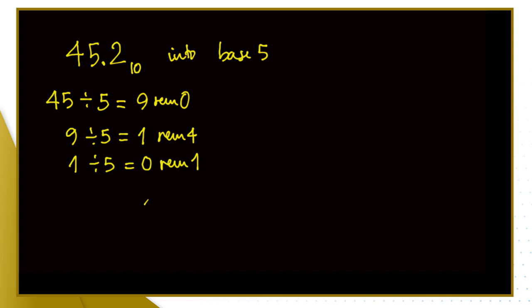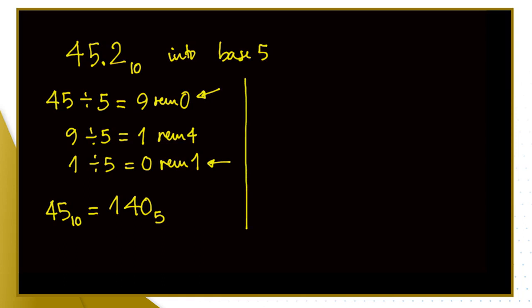That gives me the digits for 45 in decimal. Remember, the first remainder is the rightmost digit. So the 1 is going to be the leftmost, so 140 in base 5.